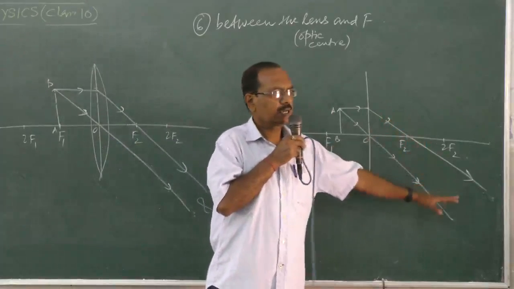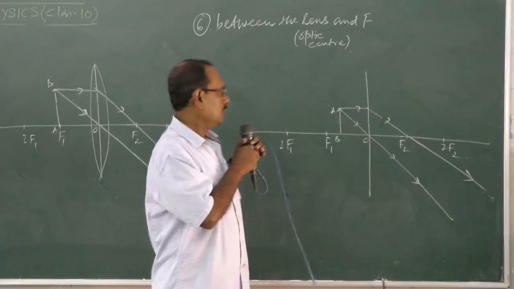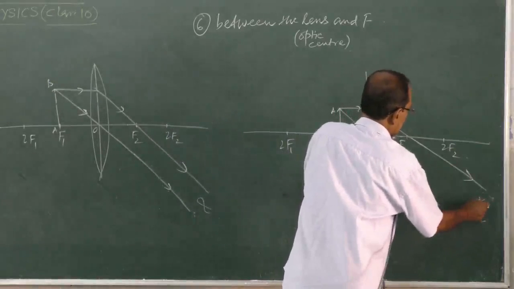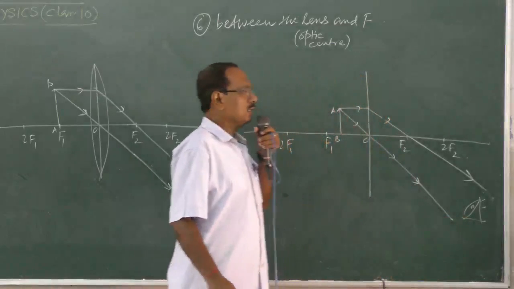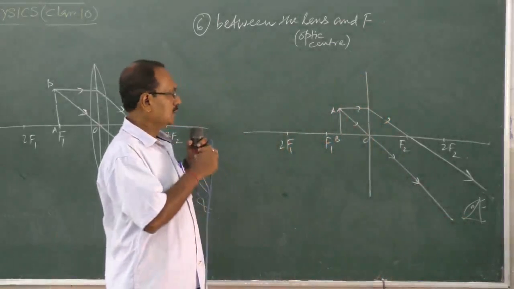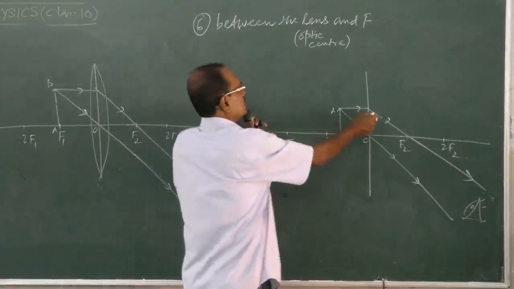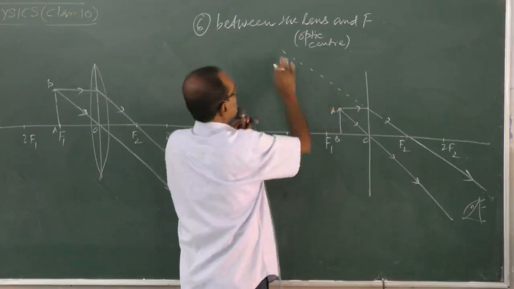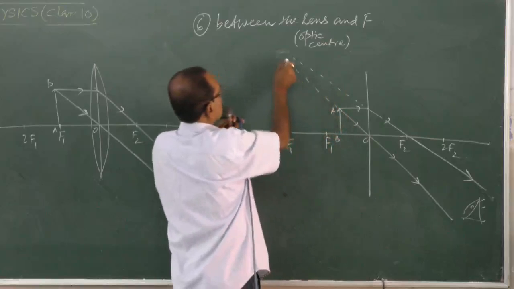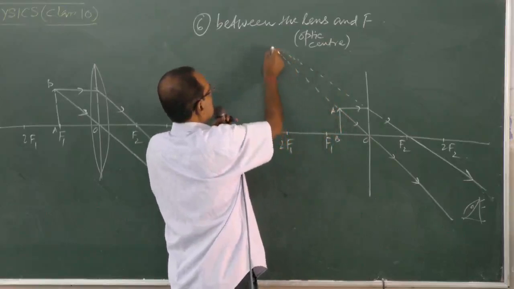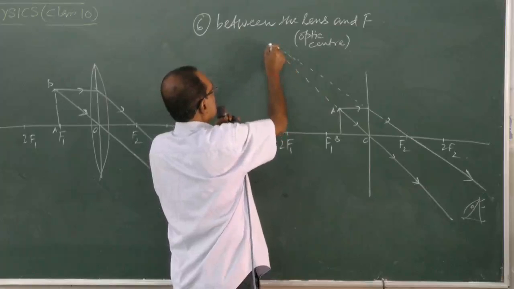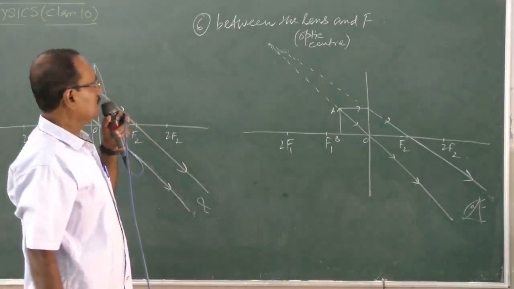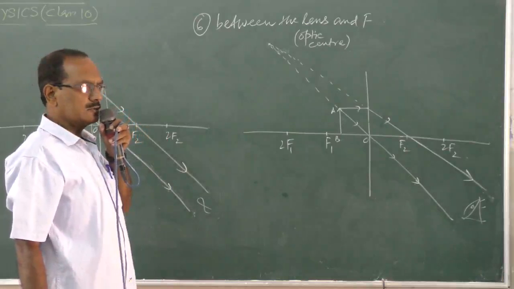The rays are diverging. If we keep our eye here, then these rays will appear to be coming from a point. If we produce these rays in the backward direction, it will appear they are meeting at a point.